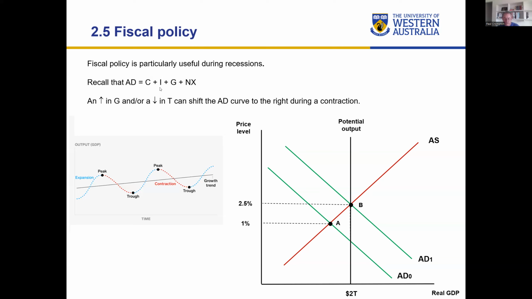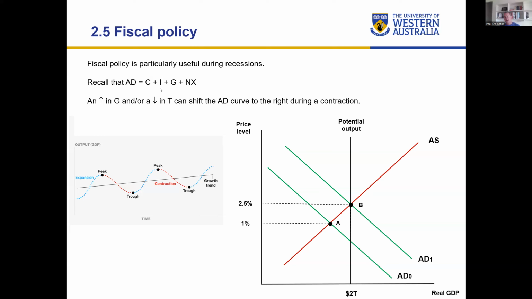So what you slowly need to be able to do is develop an understanding of which of the 4 components of aggregate demand will respond to certain shocks. So if I said to you, a mining boom is occurring, then you need to think to yourself, okay, we export mining related commodities, so net exports will increase.